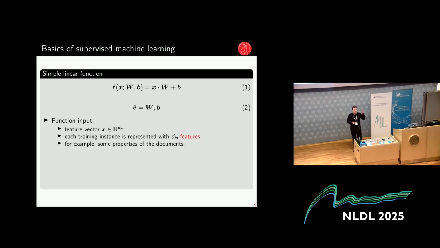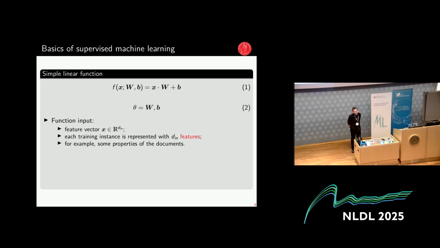But yeah, just in general, any supervised machine learning model which is using linear function is basically just an equation like this one, equation 1, where we have some input feature vector x of dimensionality d in, right? So this dimensionality defines the number of features that we have in the input instances. For example, if input instances are email messages, some documents, then we are describing these instances using some properties of these documents, some properties of these messages.